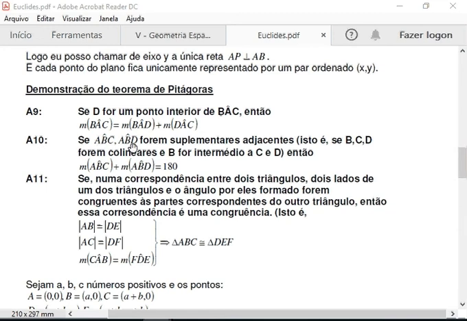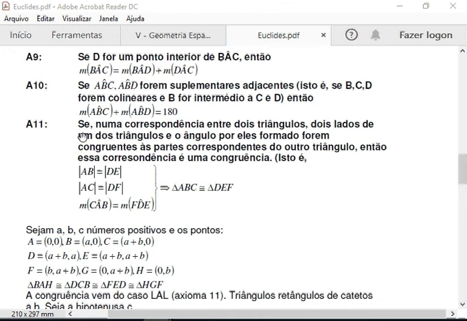If ABC and ABD are adjacent, supplementary, i.e., if B, C, and D are collinear, the same straight line, and if B is intermediate to C and D, then the measure of ABC plus measure of ABD is 180.